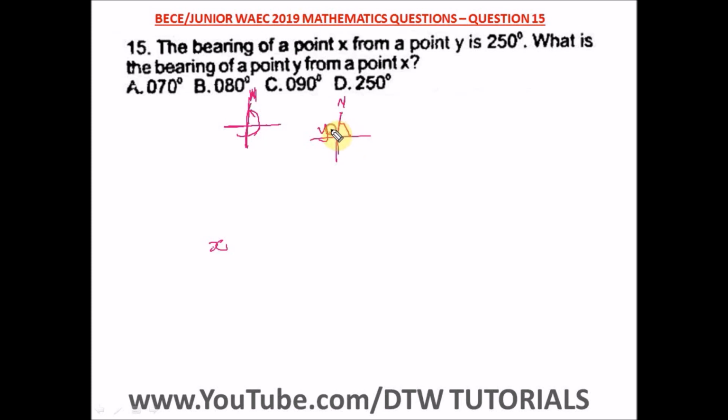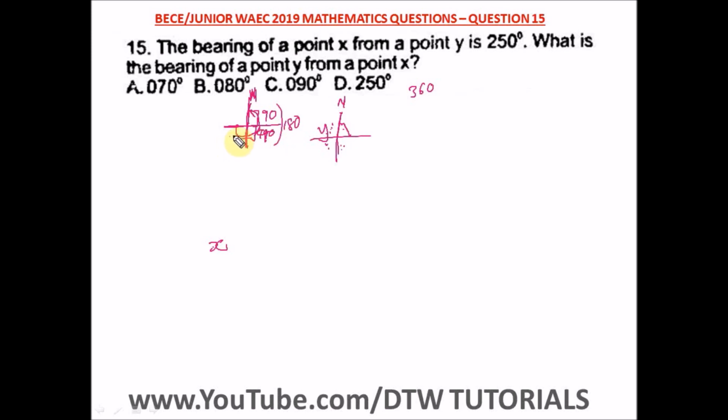Each of these angles is 90. And when you add them up, 90 plus 90 plus 90 plus 90, you're going to have 360. Let me write this here. From here to here is 90. If you add another 90, these two parts are 180.